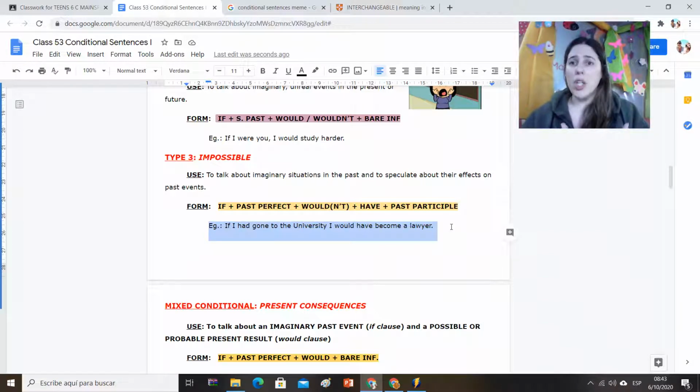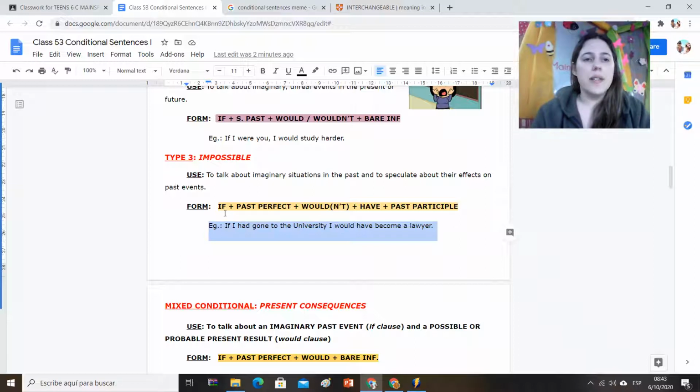But we imagine this situation in the past, the opposite situation, if that person had gone to the university, and I speculate about the effect, he would have become a lawyer. So everything is in the past, it's about a past situation, but I am speculating.